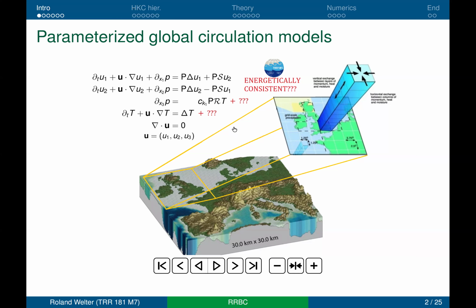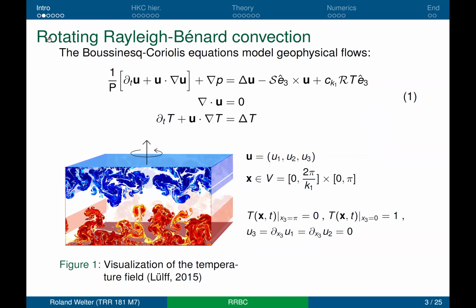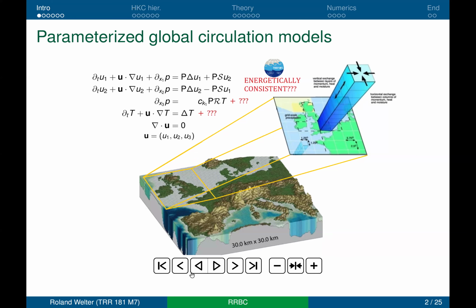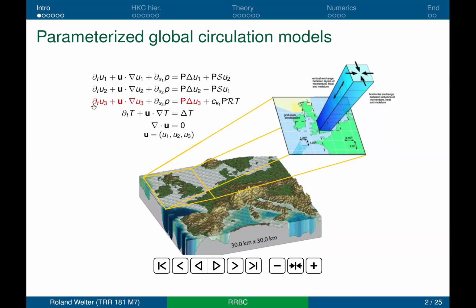That's where my problem begins. I've been looking at rotating Rayleigh-Benard convection as a model to understand what's being lost when we throw away these terms.